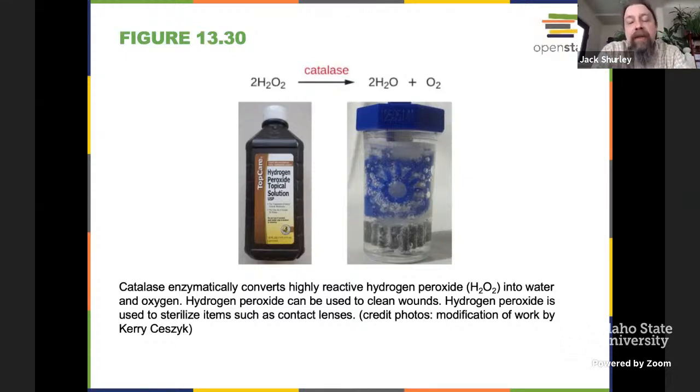So it's not actually targeting or killing the staphylococcus, but through that bubbling action, it does help to remove those organisms from a wound. Other things that do not have the catalase activity definitely are targeted by the peroxide, and it would target them. So that's kind of just a little side.